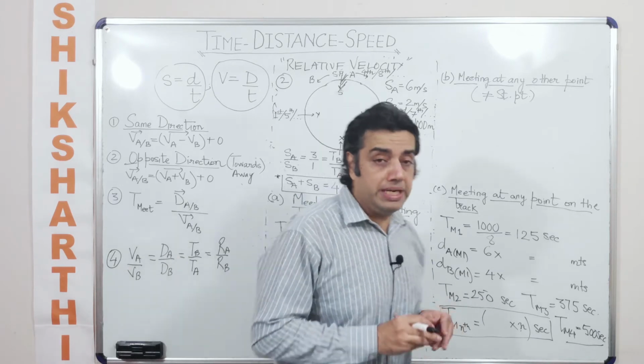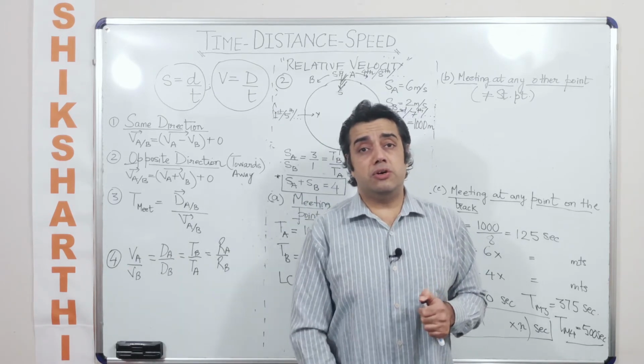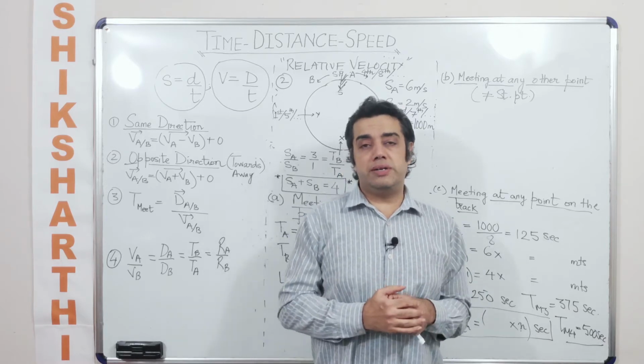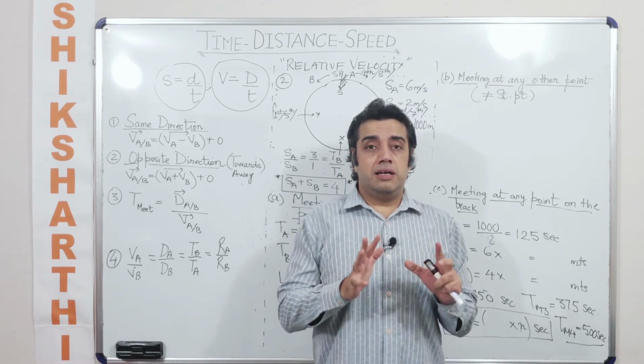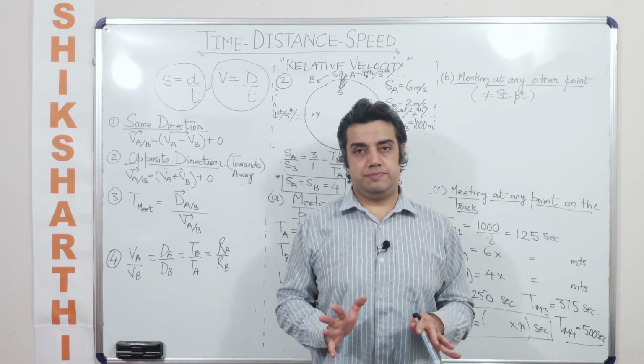When it comes to meeting of 2 or more runners, when they are running or walking on a circular track, at the starting point, that has nothing to do with their direction of motion.